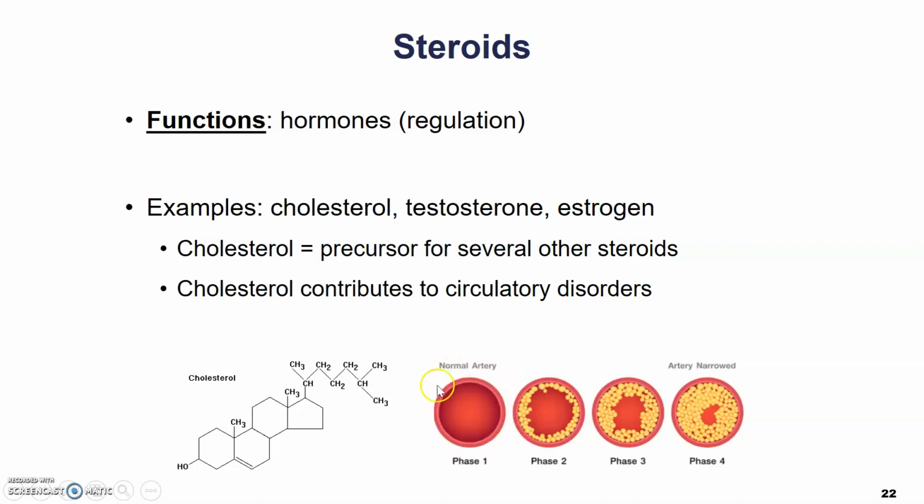What you can see here is a normal artery that over time has cholesterol molecules that should be dissolved in the blood but can't, actually sticking to the inside of arteries and blood vessels and collecting there until that artery gets very narrowed. And that's what leads to circulatory disorders. It can lead to high blood pressure and it can lead to heart attack.